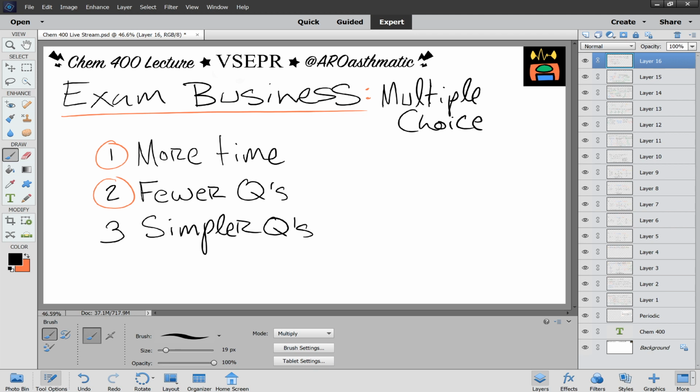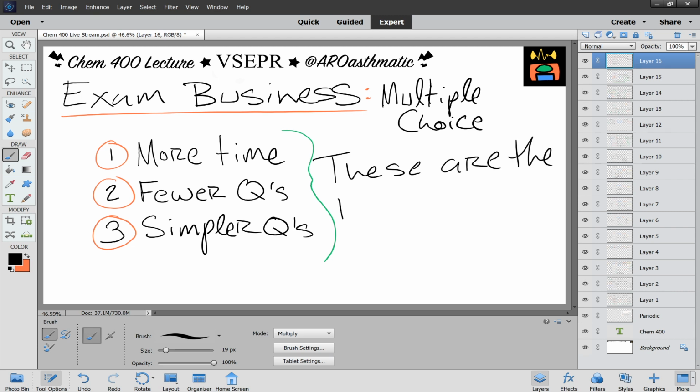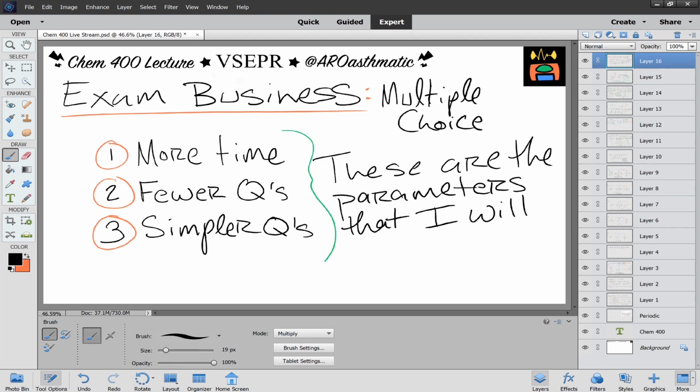If it was the same number of questions with the same amount of time, but the questions didn't take as long each, that would be another way of making it more doable. So these are the parameters I will consider modifying.